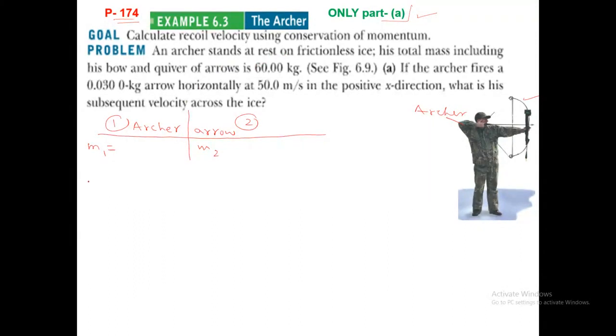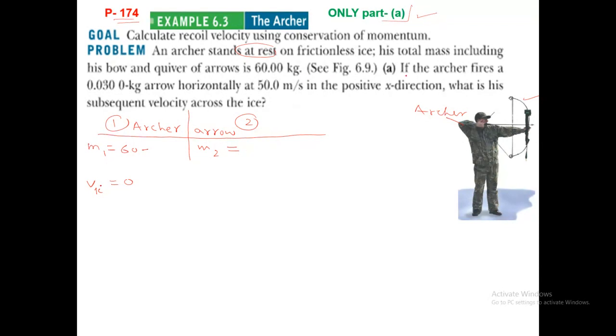So the initial velocity for the first object is 0, given, at rest. His total mass, including his bow and quiver of arrows, is 60. So it means M1 is 60 minus M2.